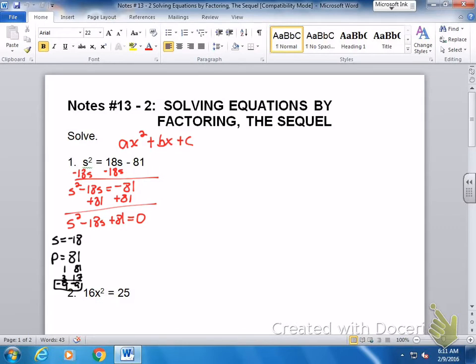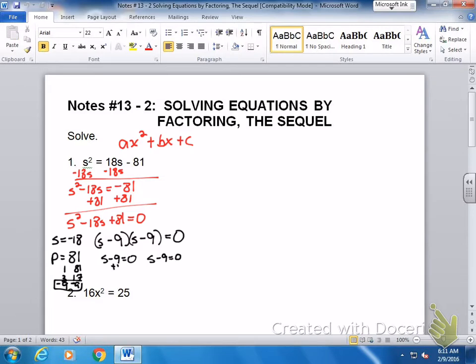So there's our answer. So I need to break open my parentheses. I put my variable first, and we've got minus 9, minus 9. And remember, this all equals 0. Now, this is kind of a special case. This is one we're only going to get one answer for. Technically, you'll see 2, but it's really only one answer. If I set both of these equal to 0, you'll notice they're both the same thing.